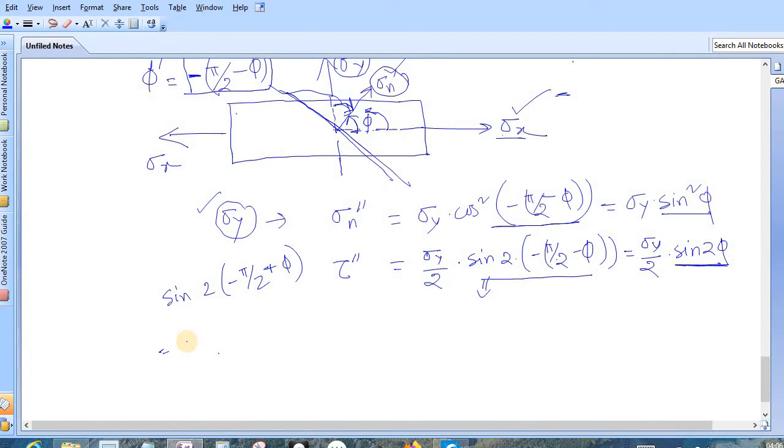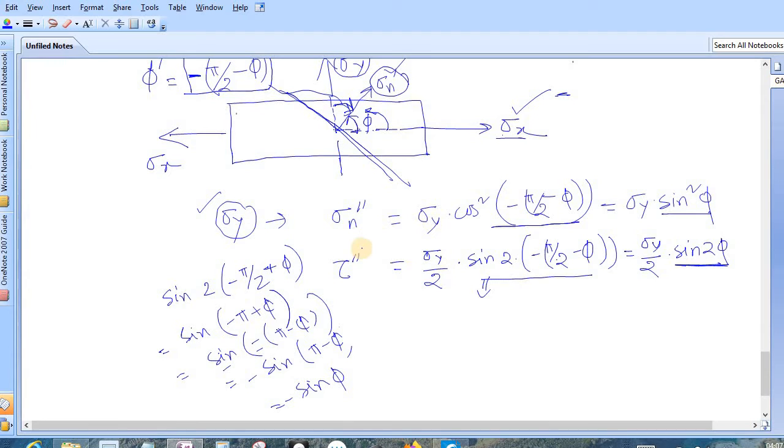So again sine of minus pi plus 2 phi, or sine of minus pi minus 2 phi. And sine of minus means minus will come here, so it is minus sine of pi minus 2 phi, which means sine 2 phi.